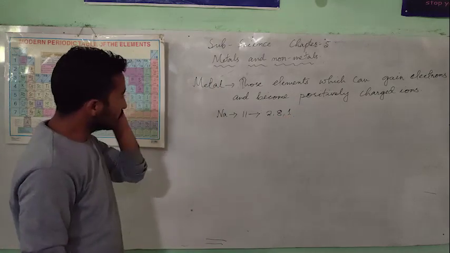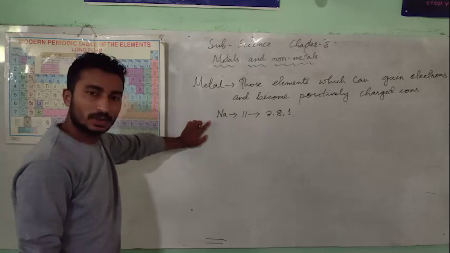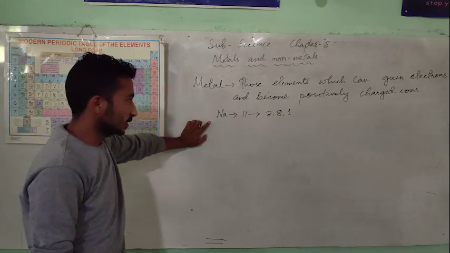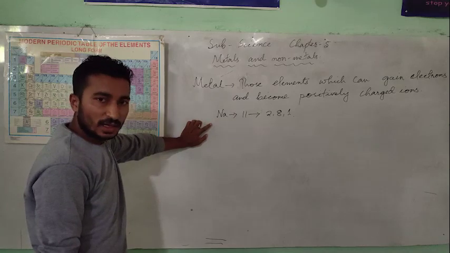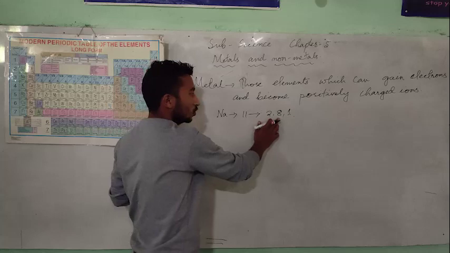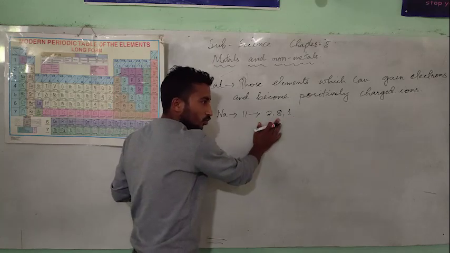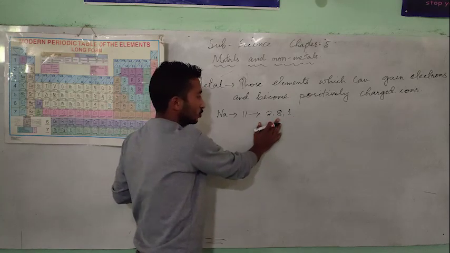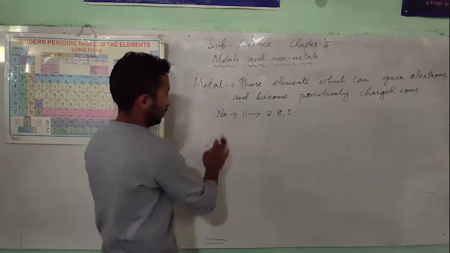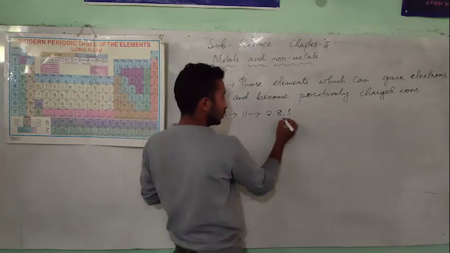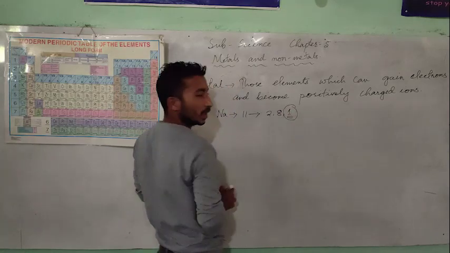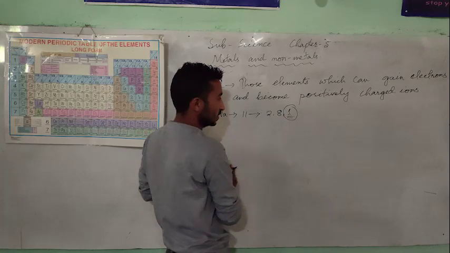We have studied one rule in chapter number 2, that is called the octet rule, and according to that rule, every element will try to have 8 electrons in its valence shell to attain the stable electronic configuration of its nearest inert gas. Sodium will try to have 8 electrons in its valence shell.